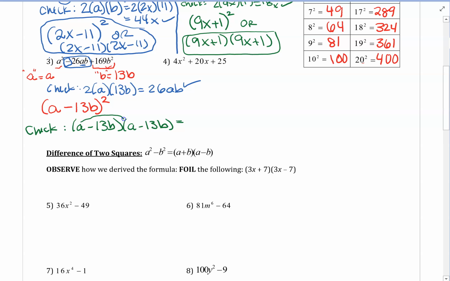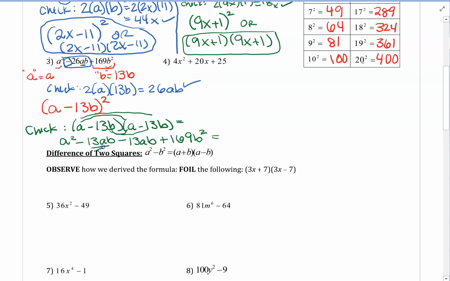So I'm going to start by doing a times a, which is a squared, a times negative 13b, which is negative 13ab, and then again I have the same product, another negative 13ab, and then negative 13 times negative 13 would turn positive. I'm squaring 13, so that's 169, and I'm squaring b, so b squared.